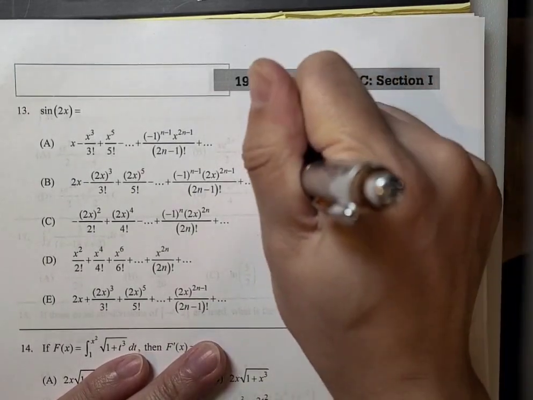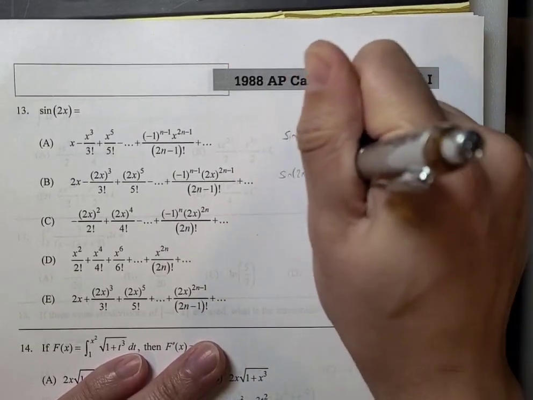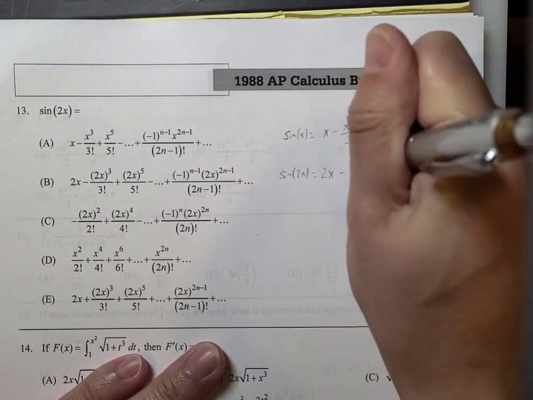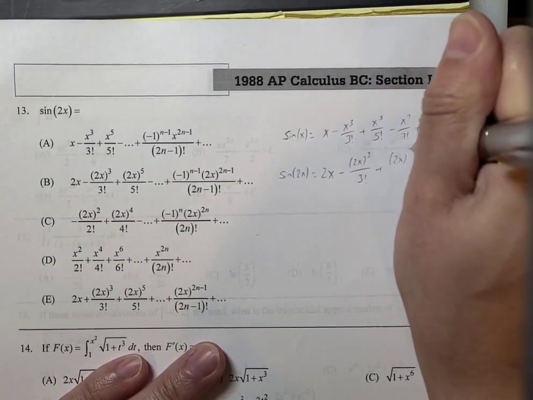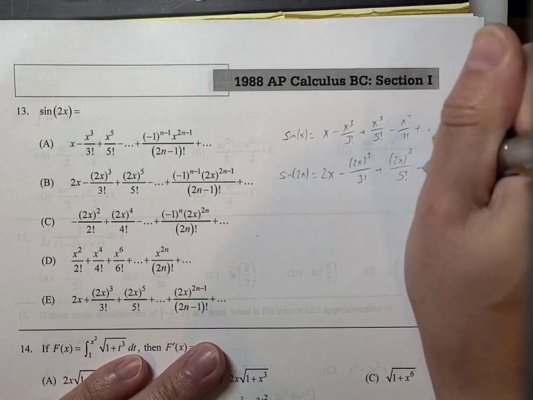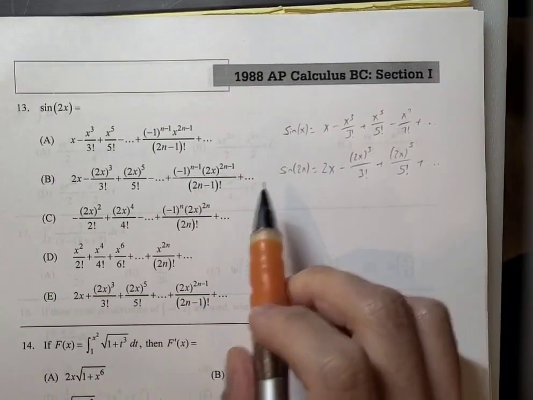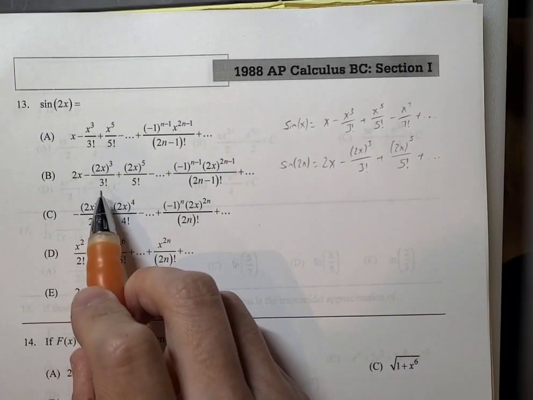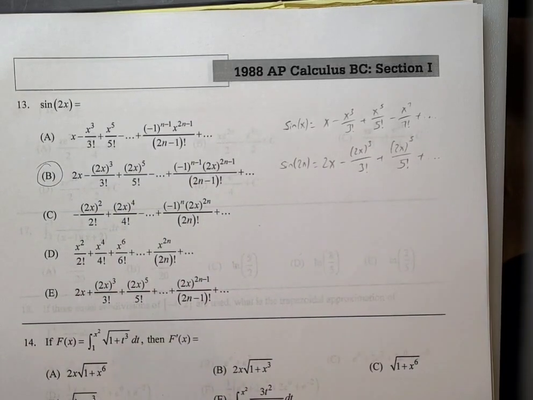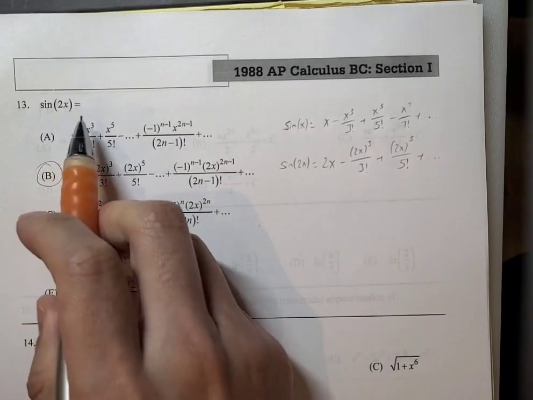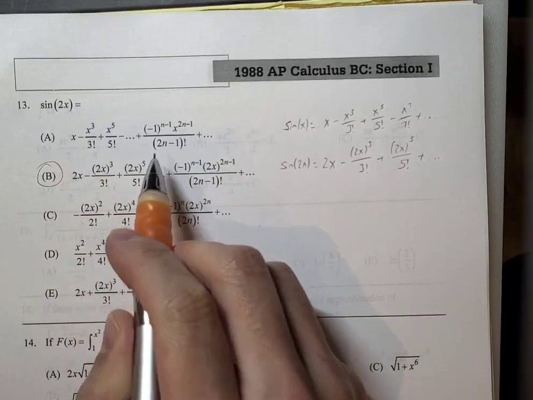Okay, so sine of 2x, wherever there's x, we just plug in 2x, and we get 2x minus (2x) cubed over 3 factorial plus (2x) to the fifth over 5 factorial plus so on and so forth. Okay, so it looks like it would be B, and that's right. Yep. Or if you know the general formula for sine, you could just plug in 2x as x and you could have gotten the same thing.